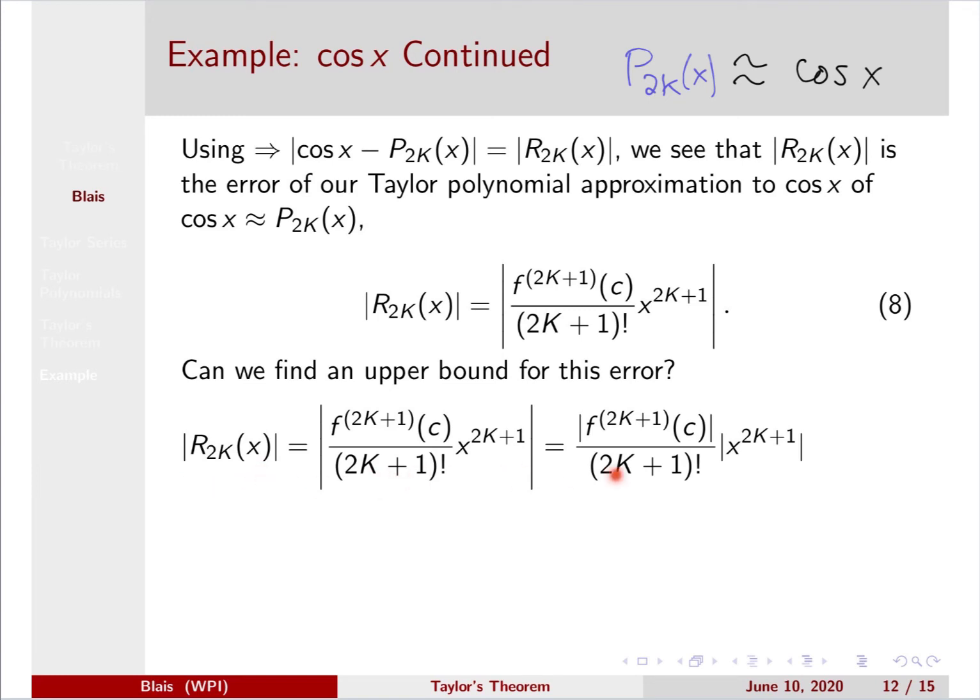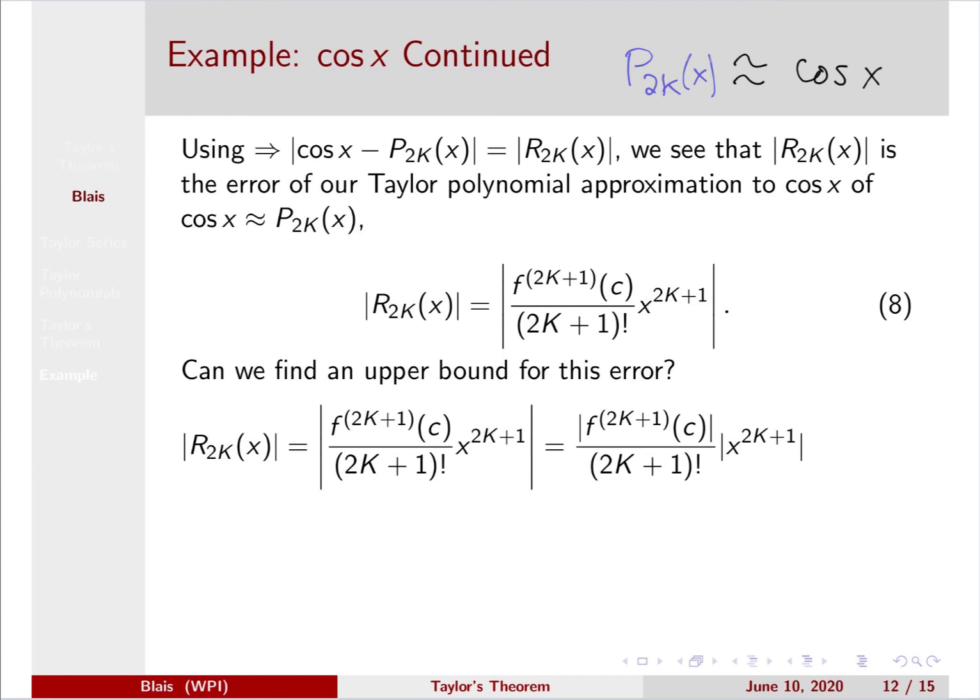So let's simplify things a bit. We take this r2k term, and we note, first of all, 2k plus 1 factorial, that's positive, so that can come out of the absolute value sign. And then the absolute value of the product of the function evaluated at c and x to the 2k plus 1 can be written as the product of their absolute values.